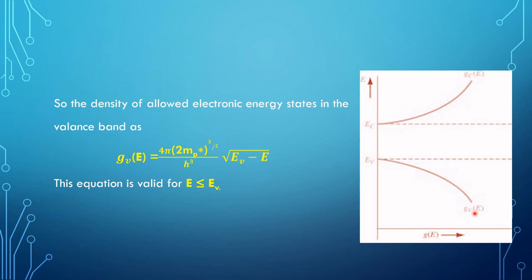If the electron and hole effective masses were equal, then the functions GC(E) and GV(E) would be symmetrical about the energy midway between EC and EV, that is the mid gap energy. So this is the basic concept of density of electronic energy states in the conduction band and the valence band.